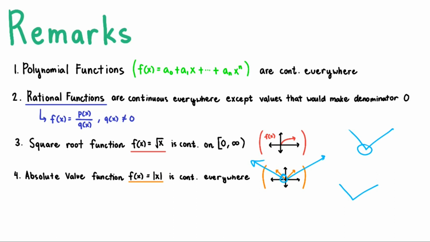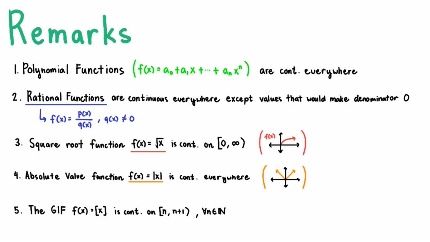And lastly, for the fifth one, we discussed the greatest integer function. Take note that the greatest integer function is continuous on this interval. This interval was obtained since we know that the greatest integer function of x is equal to n if x is from n, including n, to n plus 1.